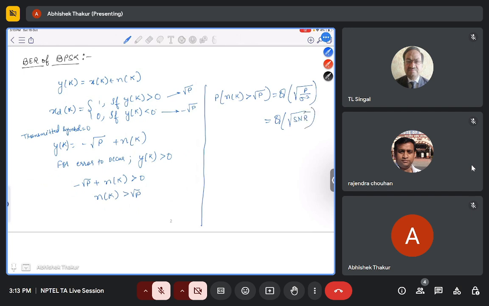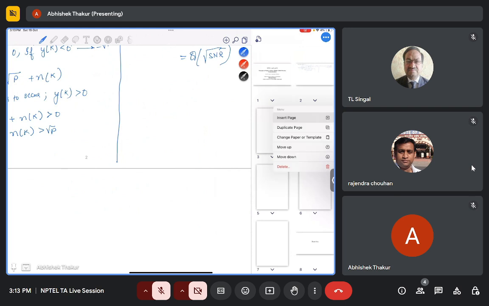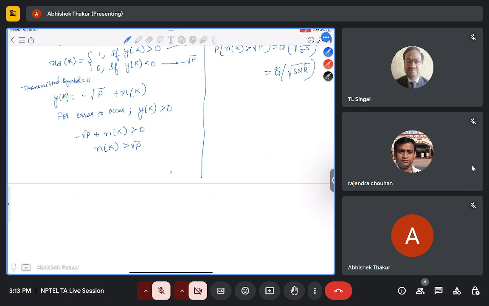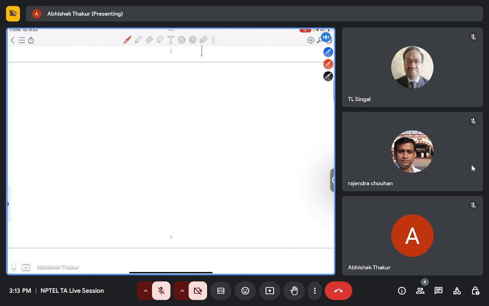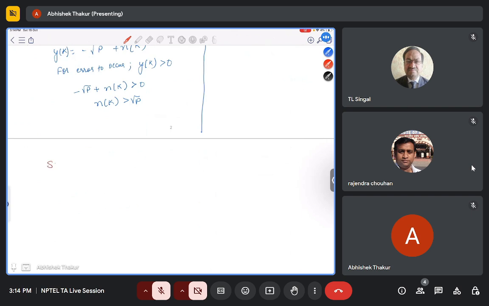So this is the formula for the bit error rate of BPSK, and the signal to noise ratio is P by sigma square.